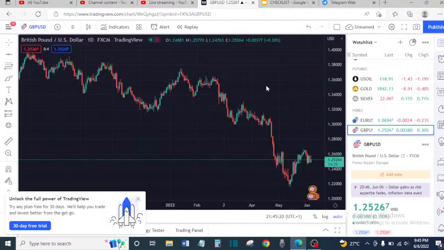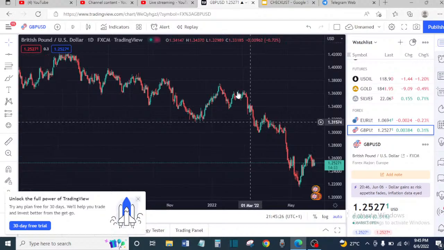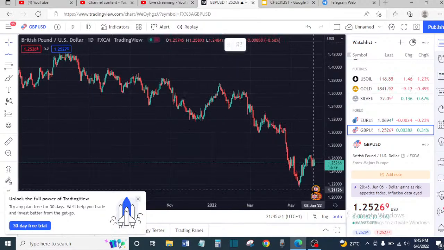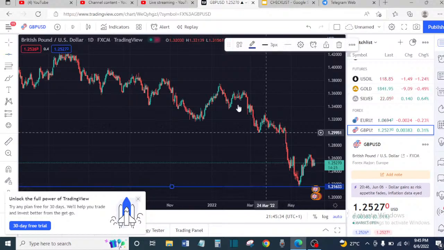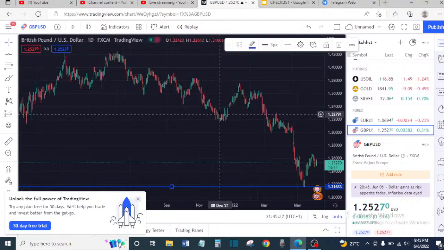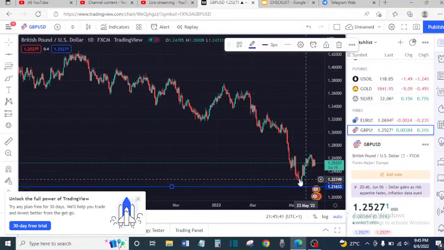Now for support and resistance, why did price stop at this point? Let's check why price stopped at that point. Let's place a horizontal line here. This is the daily chart.